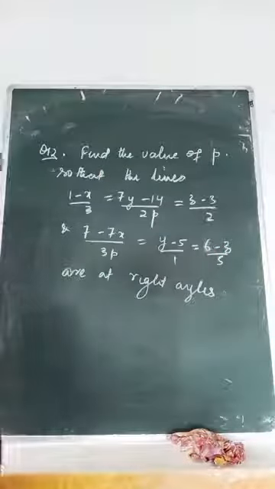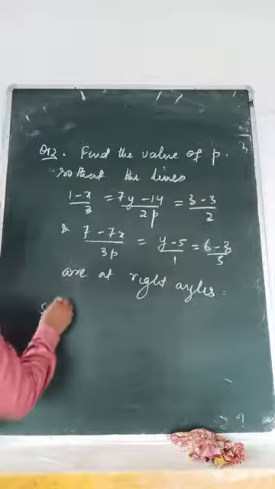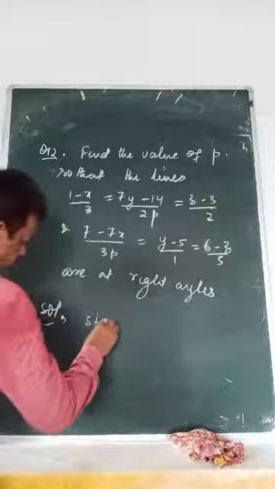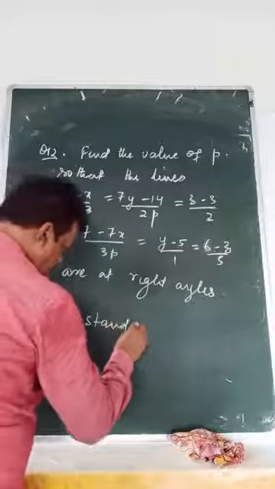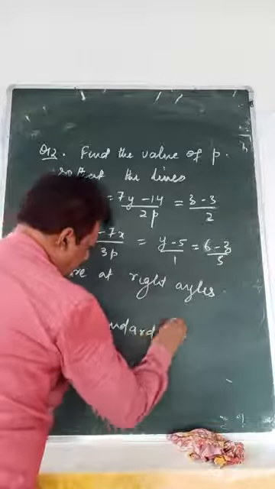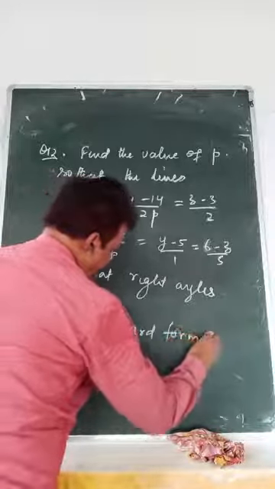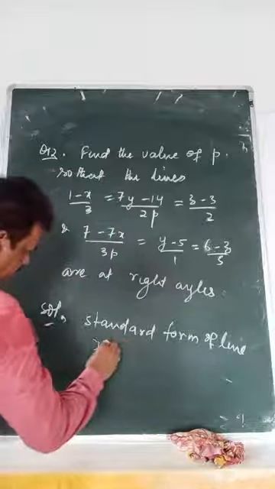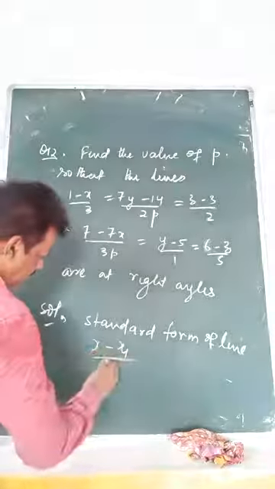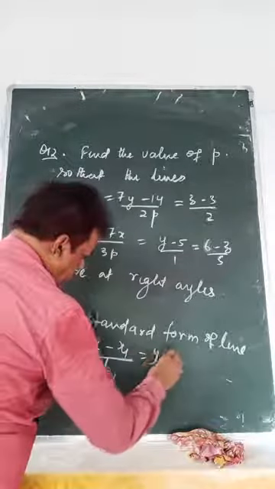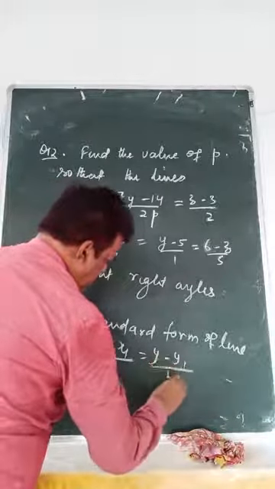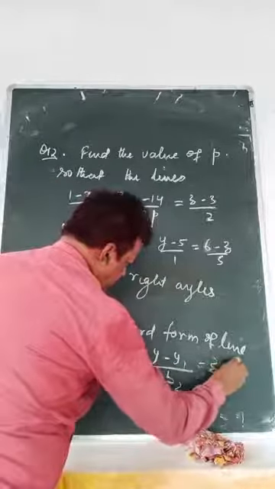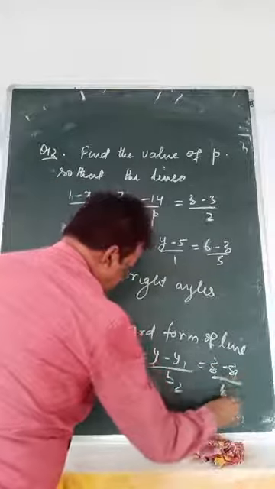So look at here. Every time I tell you what is standard form. Standard form of line. Look at I'm writing, so that will be easy for it. (x minus x1) by b1, (y minus y1) by b2, (z minus z1) by b3.